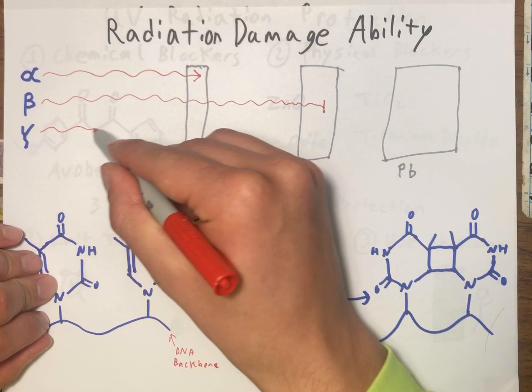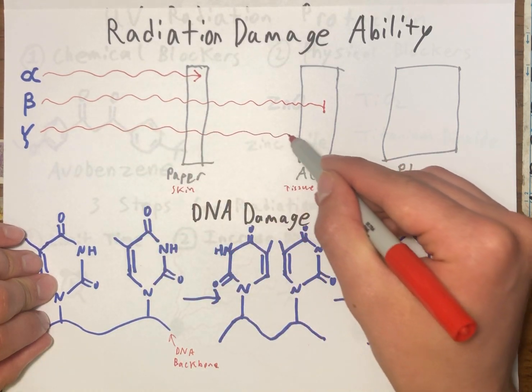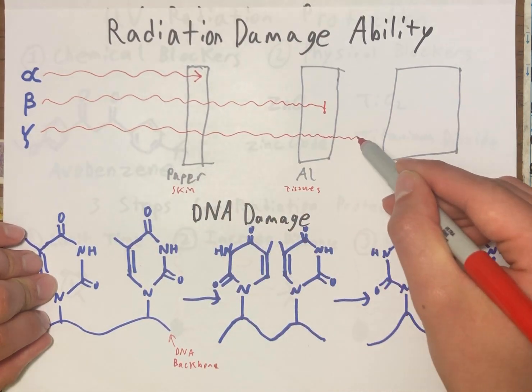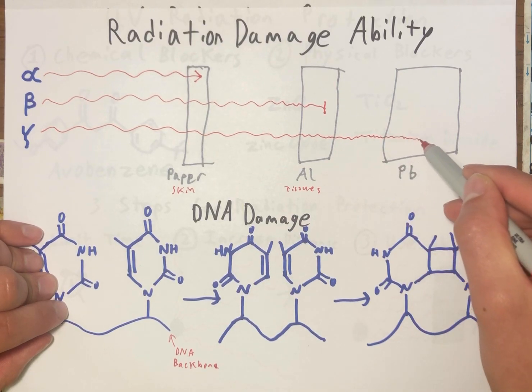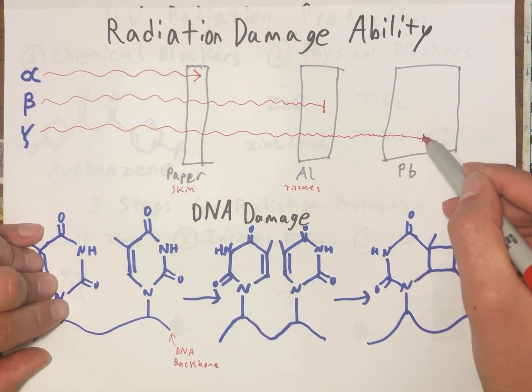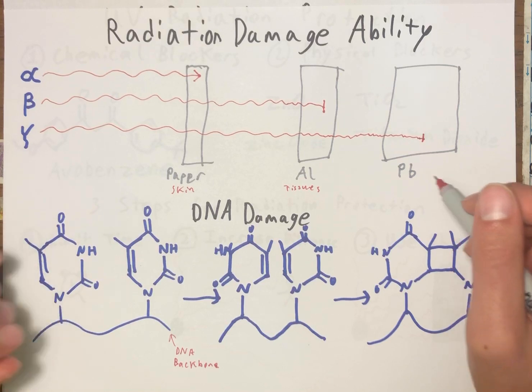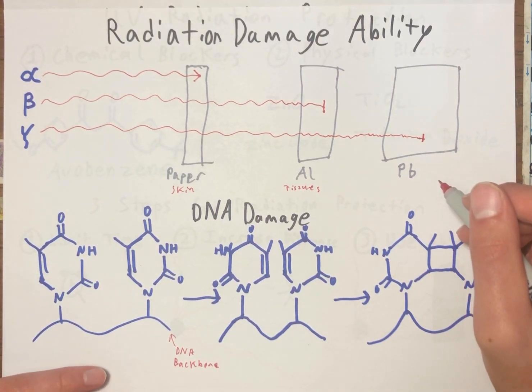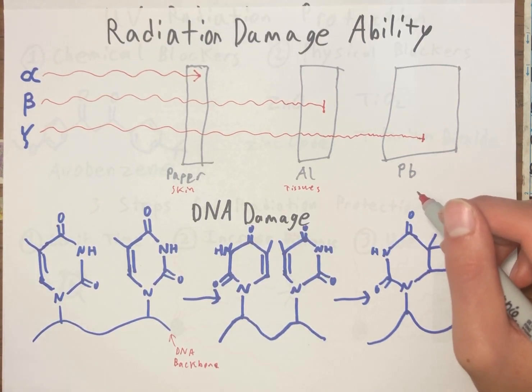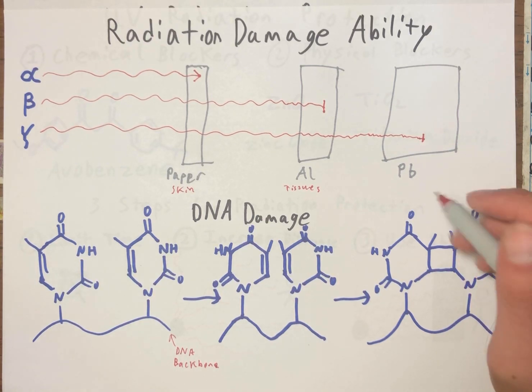Gamma radiation, as you know, has no mass, and thus is very difficult to stop, blasting through our paper and our aluminum. And usually it takes a good amount of lead before we stop a significant amount of our gamma radiation.